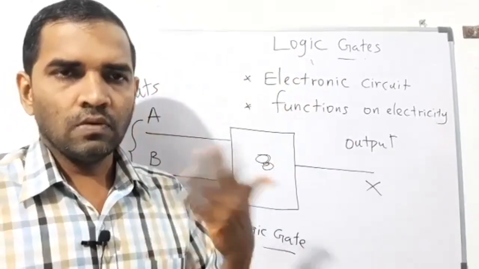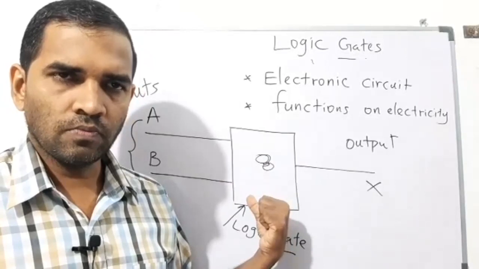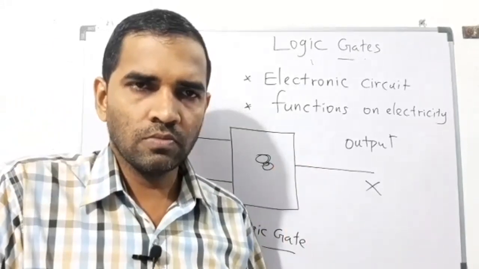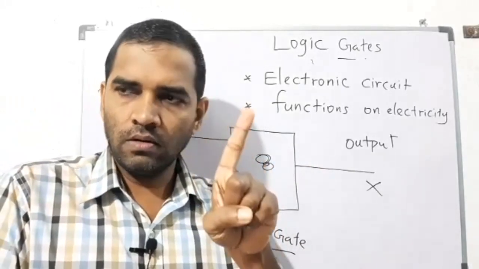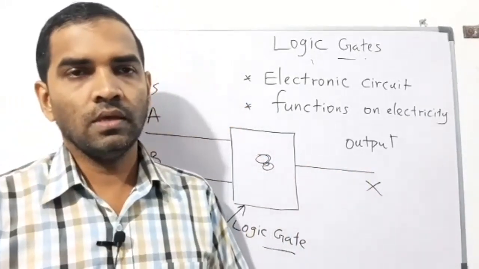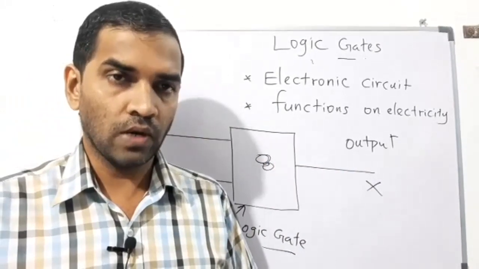But for the moment, we assume that some functions are going on. As a result of that, you will be able to get the output. But note, output can be only one, right? There is always one output taken from the logic gate. You cannot have two outputs, only one output.